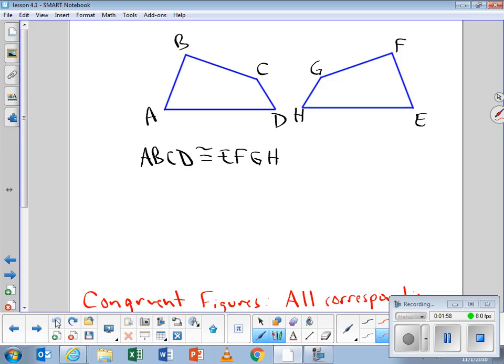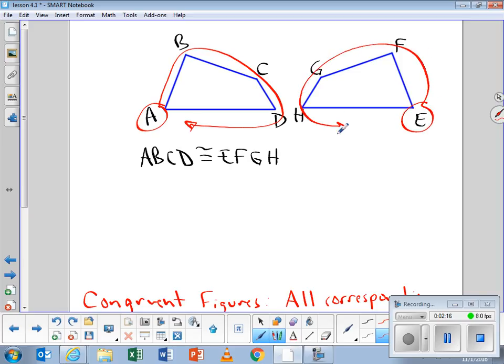We just list them. So when I name this, I'm starting with angle A. I'm going A, B, C, D this way around. Okay? And on the other one, I'm starting with E, and I'm going E, F, G, H this way around. Okay?